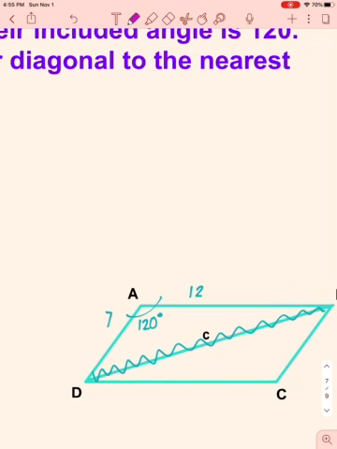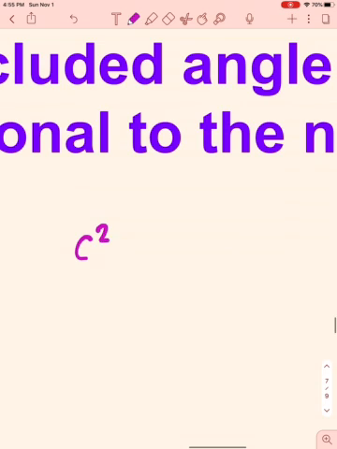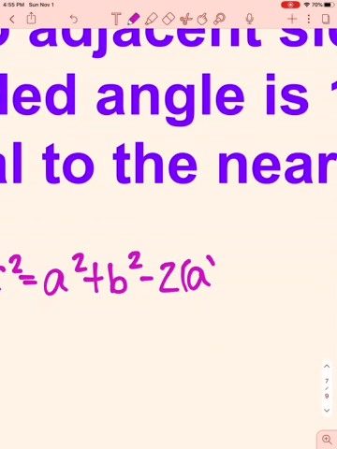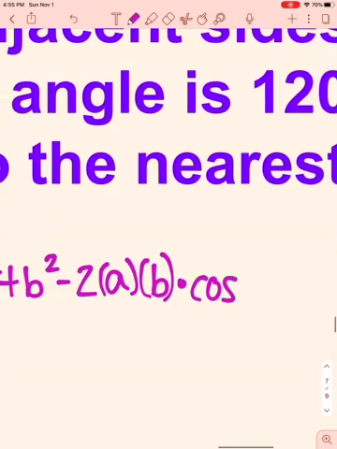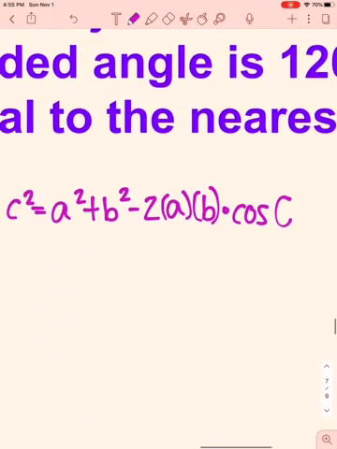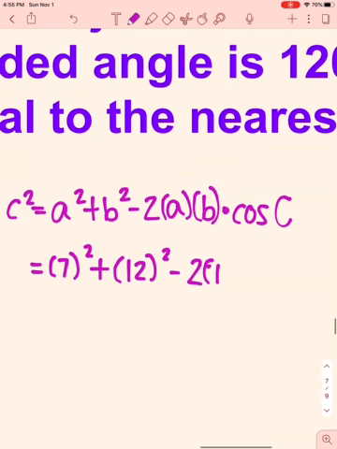So we're going to use c squared equals a squared plus b squared minus 2 times a times b times the cosine of angle C, or your included angle. So we know that our sides are 7 and 12, so we use those for the a and the b.